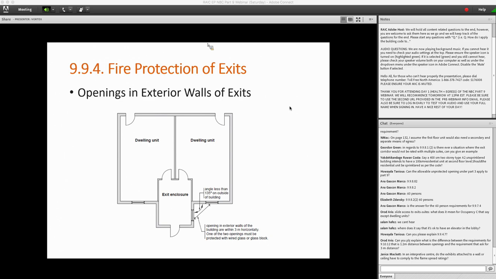Next question is, please explain more on third floor balcony and door as egress. So I'll go back to that sketch.